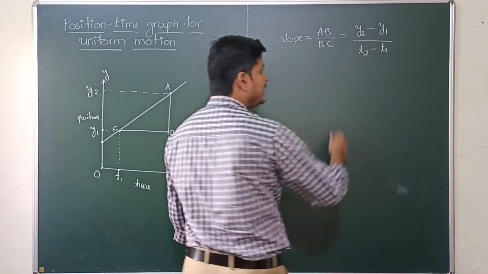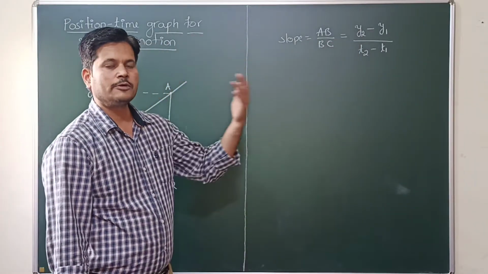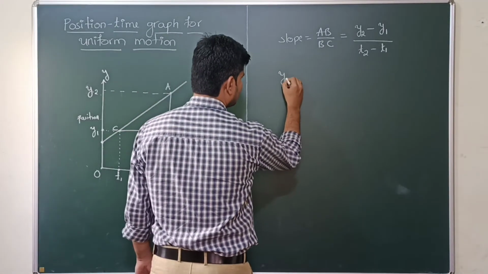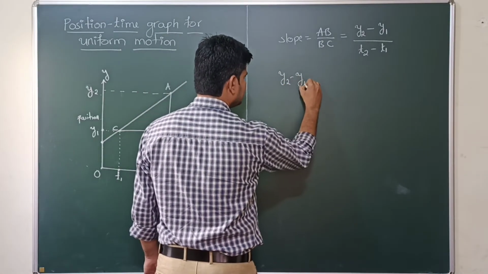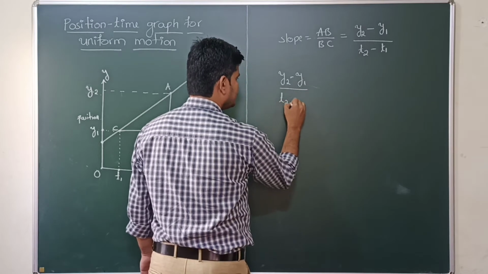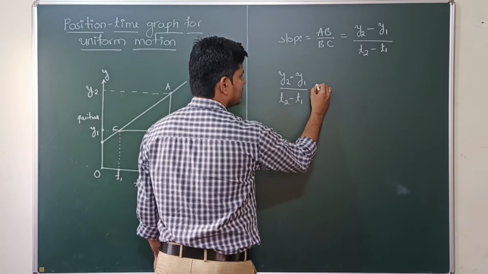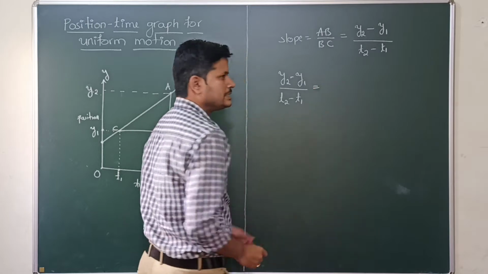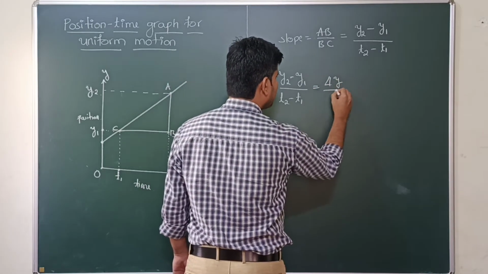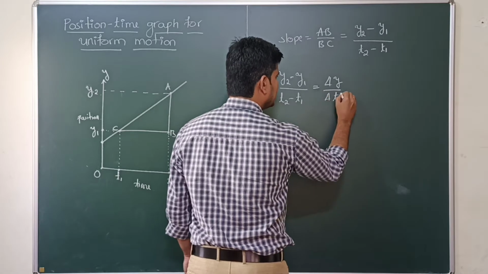That means there is a change in the position: y2 minus y1 divided by t2 minus t1, or simply written as delta y by delta t.